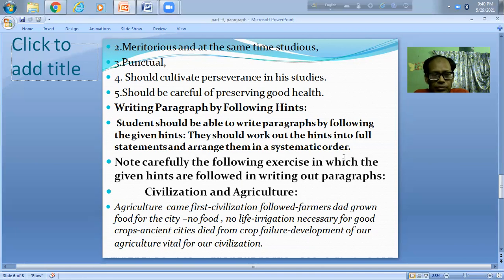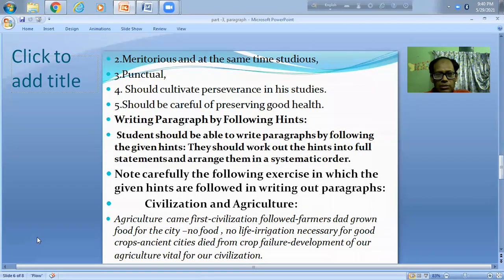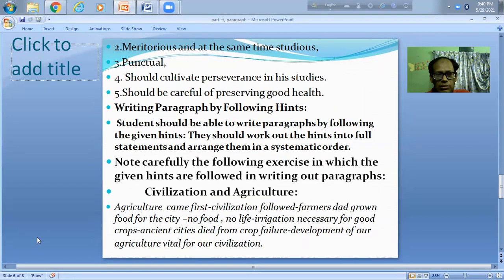Now, we will focus on writing paragraphs by following hints. The student should be able to write a paragraph by following the given hints. So there will be a few hints, and the student should follow those hints step by step, one after another.